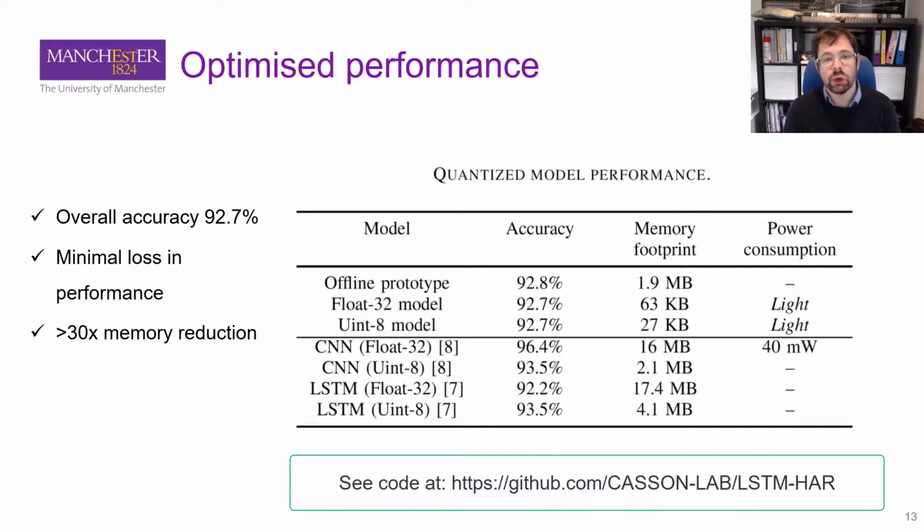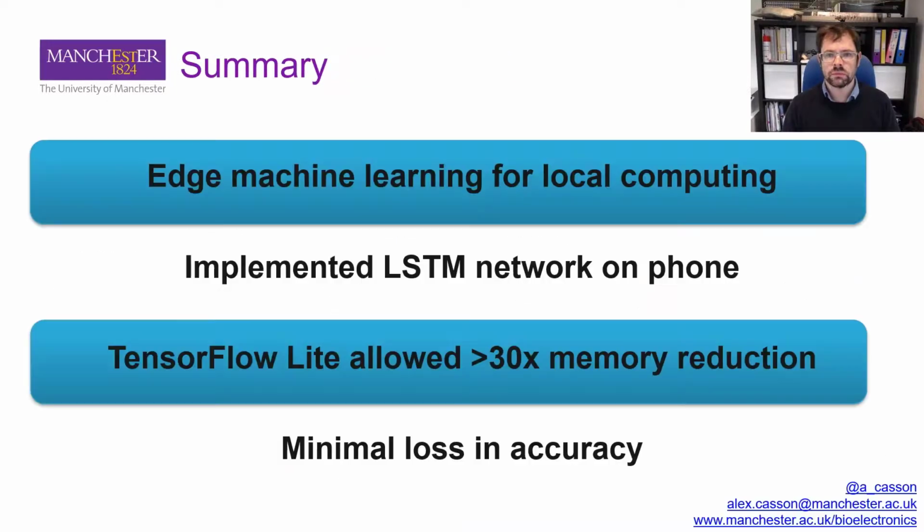We're operating on a phone here, but that's putting us within touching distance of being able to implement some of these networks in wearable class hardware within the portable device itself, not relying on a companion phone. And that's all I wanted to go over in this presentation.